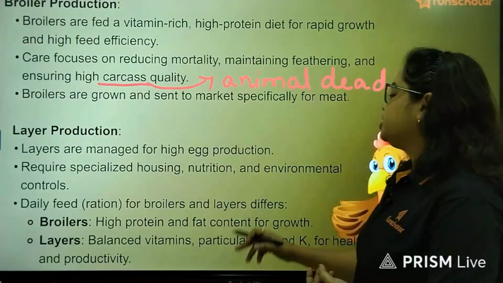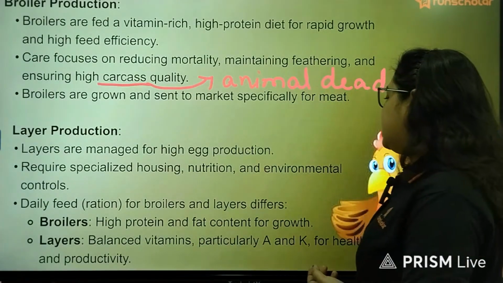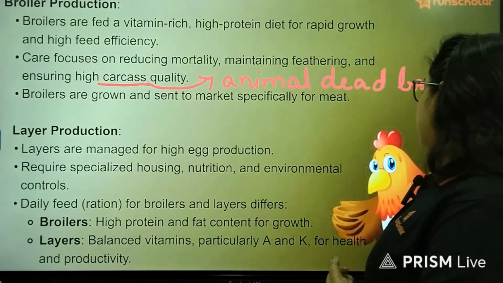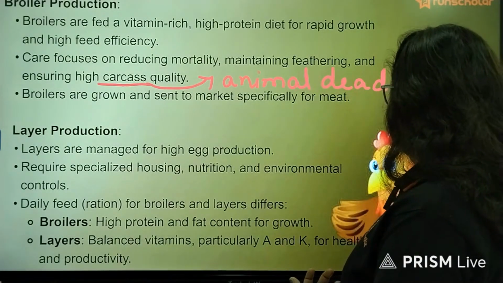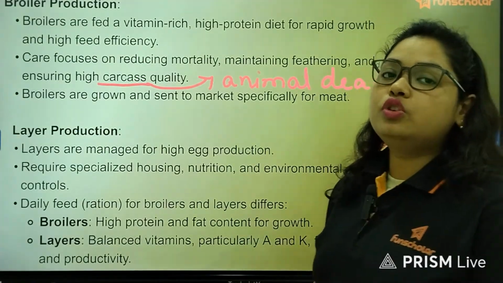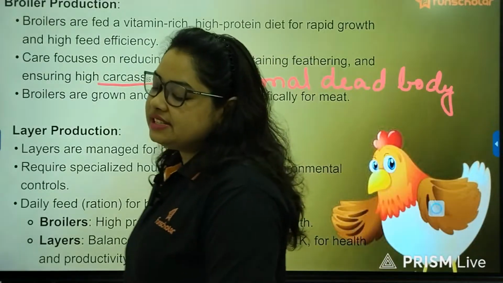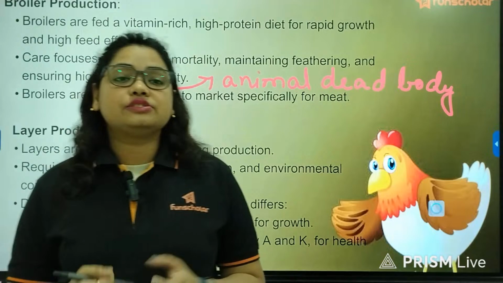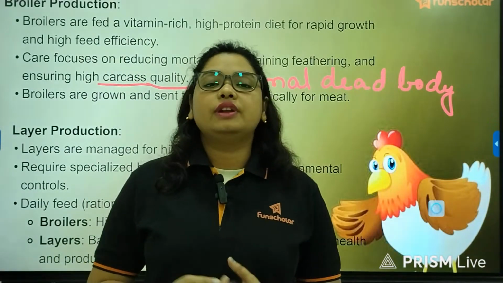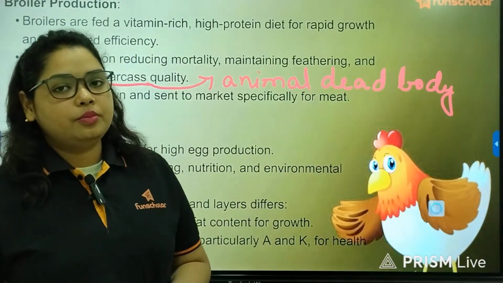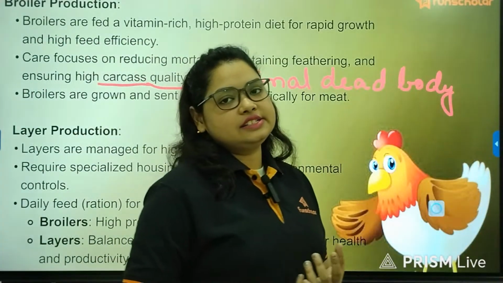So it requires specialized housing, nutrition and environmental controls, so that the quality of the eggs and the number, that also depends on the mood of the fowl. It has been scientifically proved that if the fowls are under stress, then it will hamper both the yield as well as the quality of their product, that is the egg.